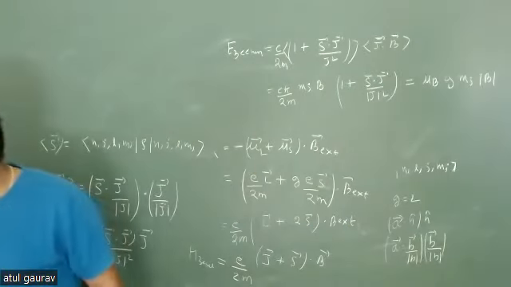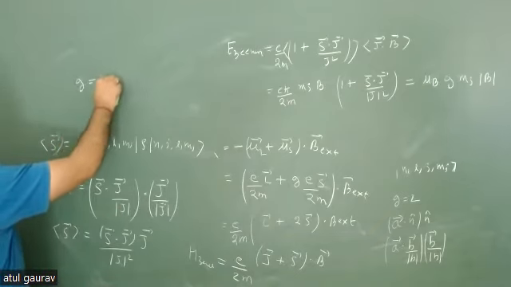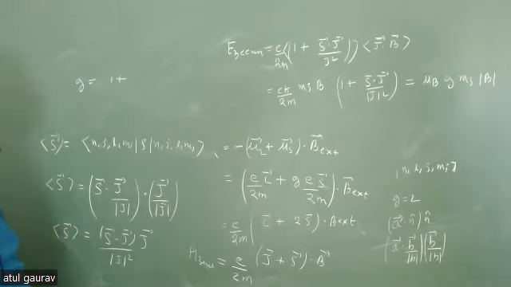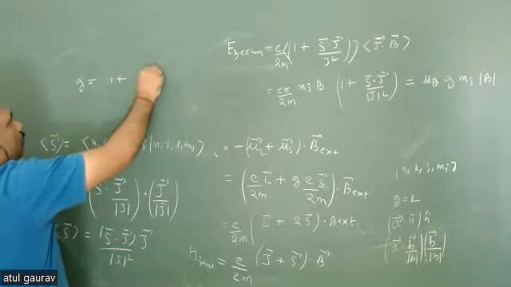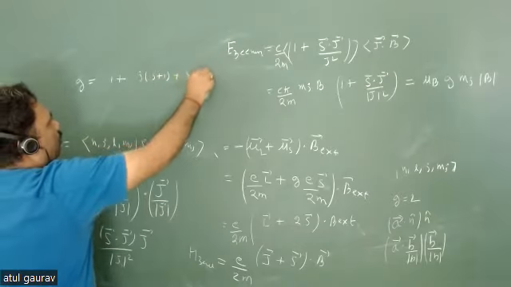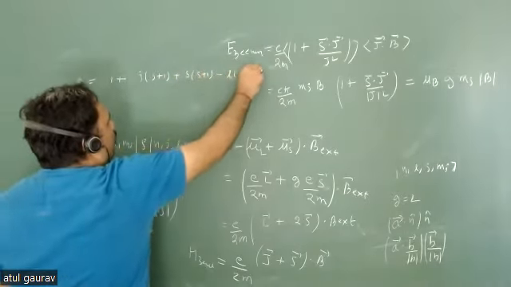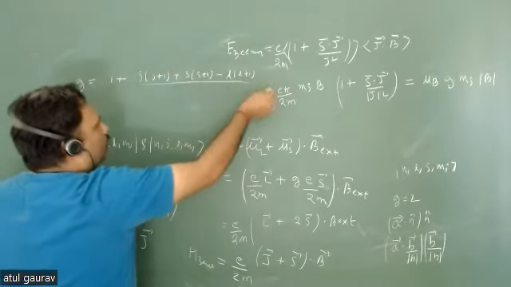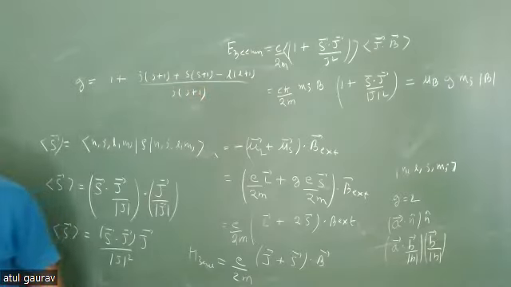This Landé factor can be defined as basically 1 plus, what is S dot J? How will you write S dot J? You will write it as J into J plus 1 plus S into S plus 1 minus L into L plus 1, with h cut square, over 2 times J into J plus 1. Is that right?